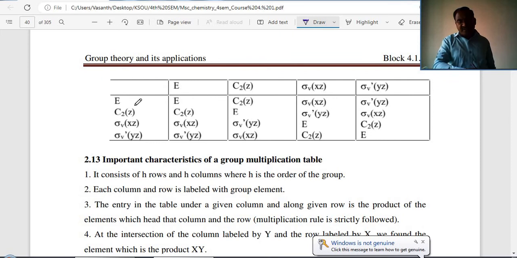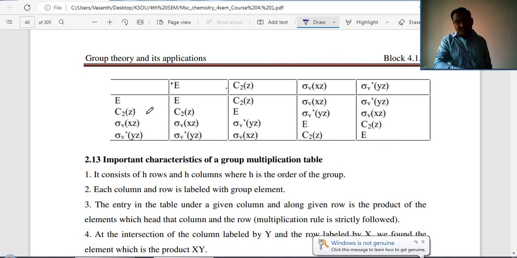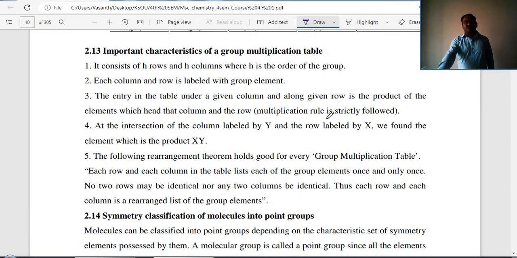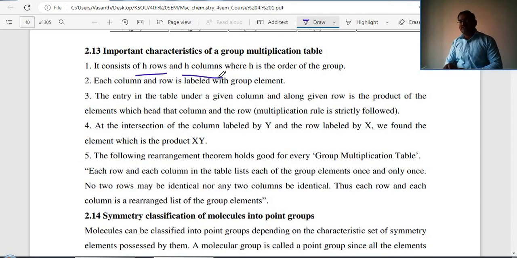Proceeding this way, the symmetry operations of water can be listed in a group multiplication table as shown below. This is the group multiplication table: E into E, E into C2, there is no change. What are the important characteristics of a group multiplication table? The table consists of h rows and h columns, where h is the order of the group. Each column and row is labeled with a group element.